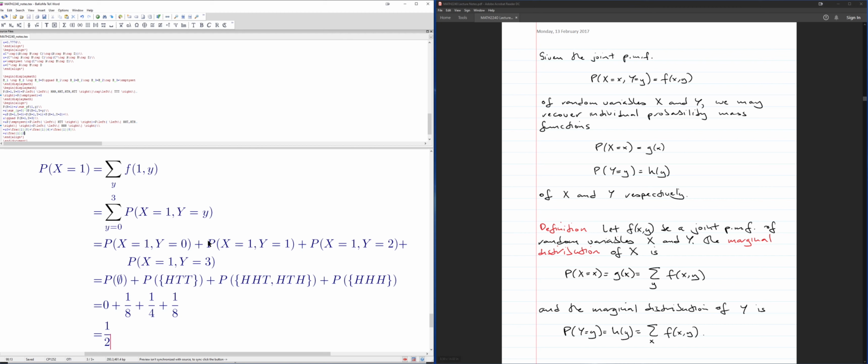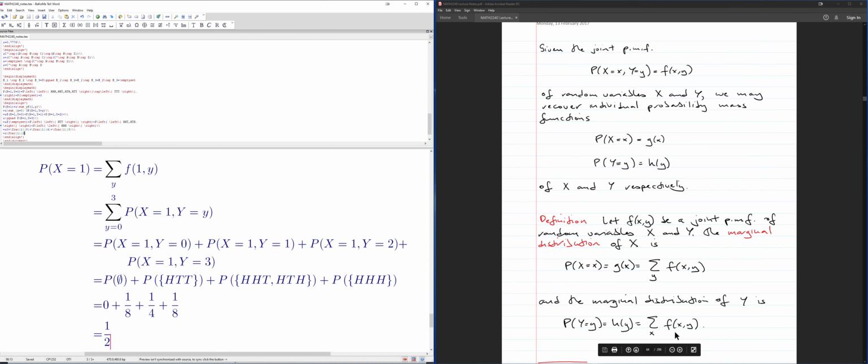In the case of now over here, when you fix the y, what you want to do is change the values of x and consider the possible cases. And that's where this formula comes from. The explanation over here is similar to what happened for the marginal distribution of x.